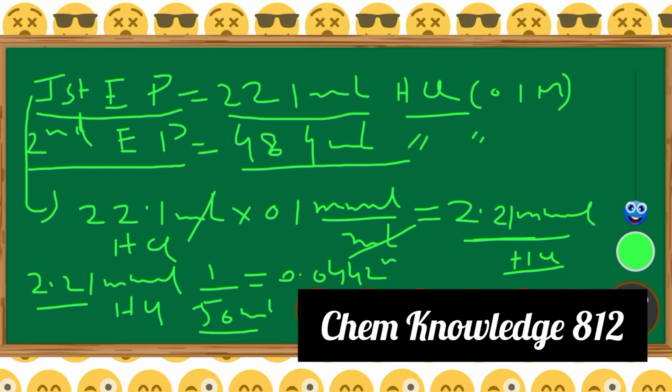If we divide 2.21 by 50, we will get 0.0442 millimole per ml. If we cancel the m and m, we will get mole per liter.